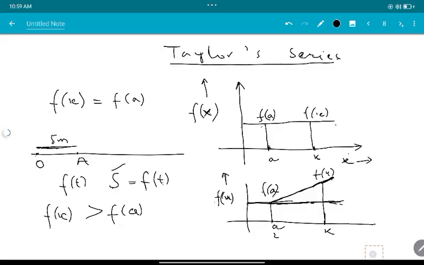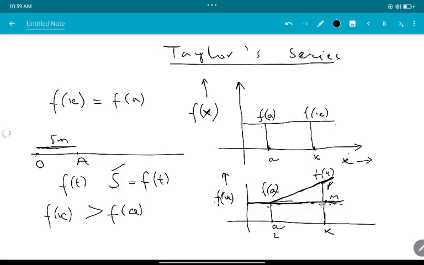Let me denote this point by p, and this is m. So pm is the amount by which f(x) is greater than f(a), because at this point the value is equal to f(a).